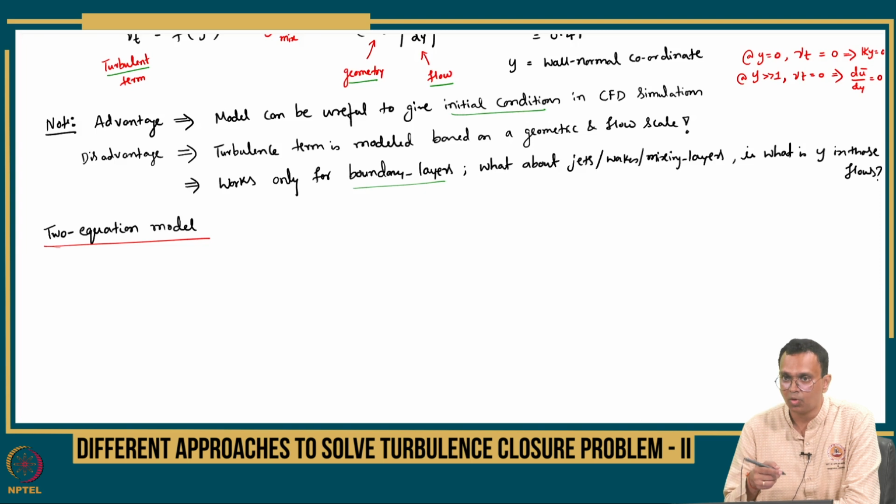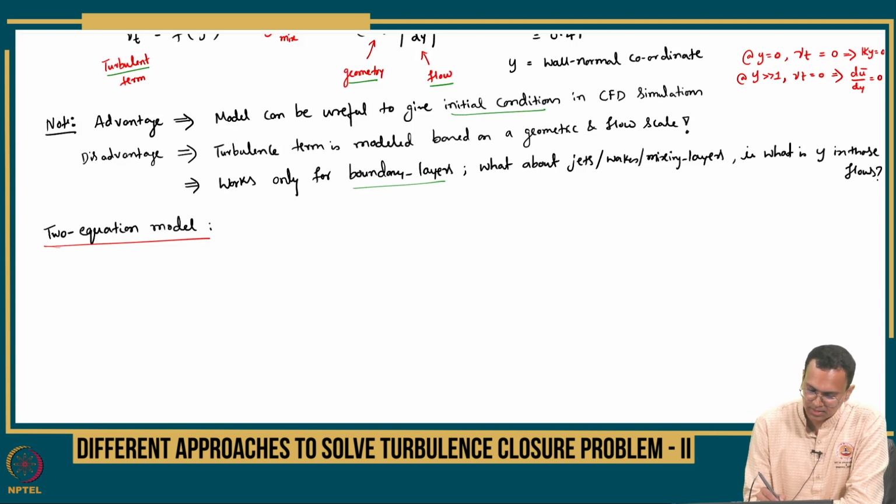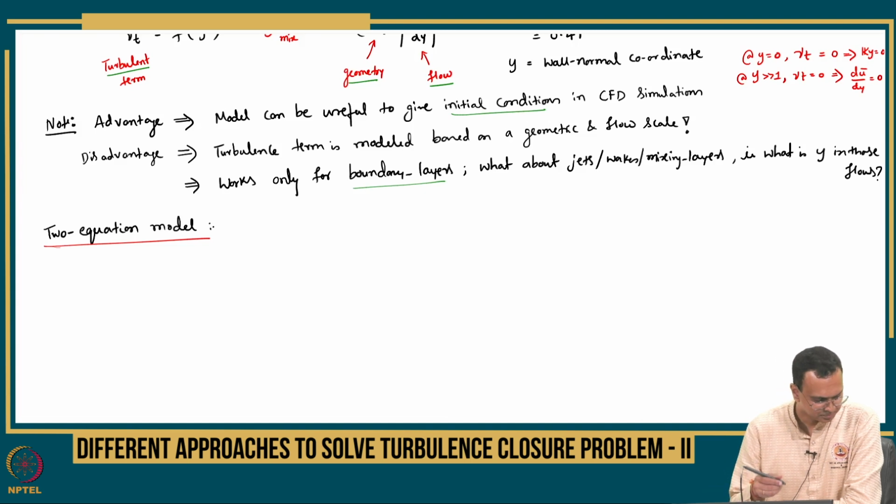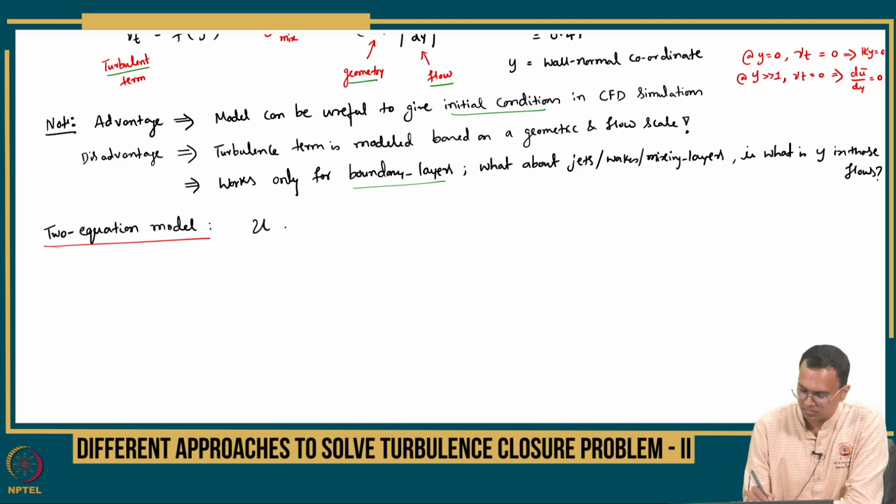So, we would like to see what nu-t will be in a 2-equation model. And nu-t, as I said, is a turbulent quantity, so we want it to be based on some turbulence quantities. We will take, for example, the velocity u, and I would like to model this as the square root of k, the square root of your turbulence kinetic energy.